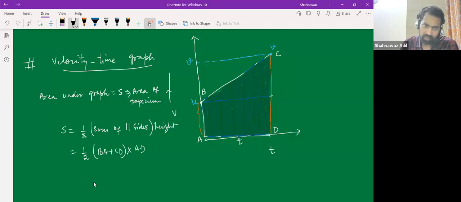So what is BA? On the y-axis, parallel side. What is BA? U. Right. So BA is U, and what is DC? U plus V. This much.